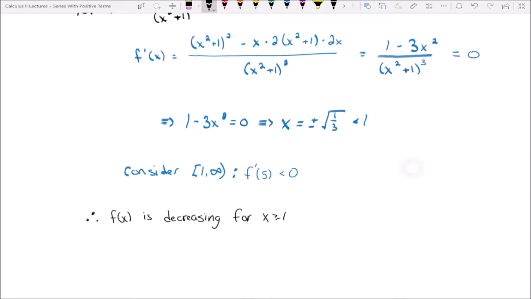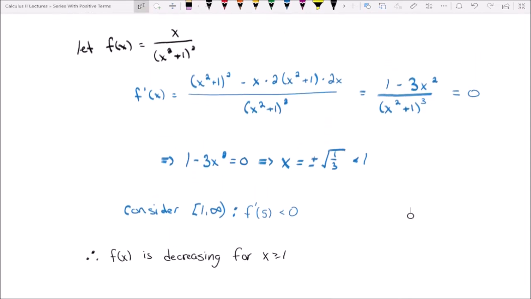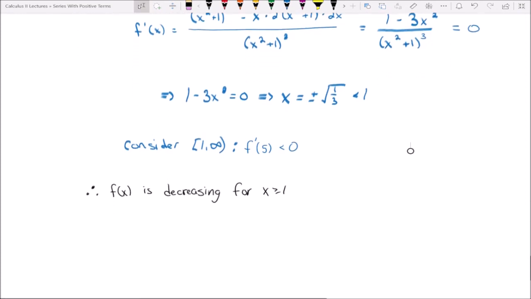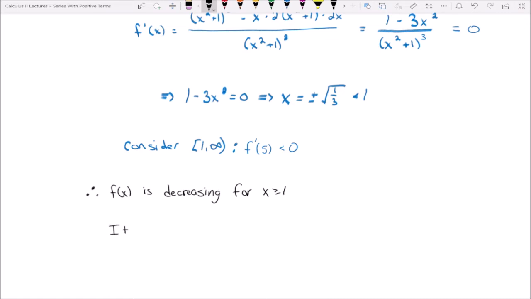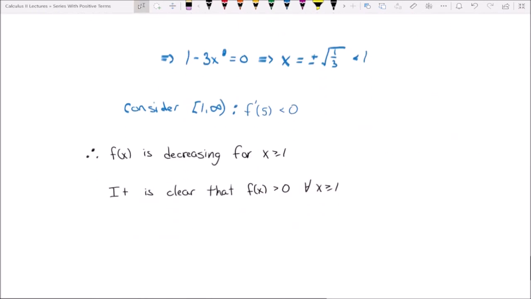Now, if we look, when x is positive, it is clear that f of x is positive. And there are no points of discontinuity, right?